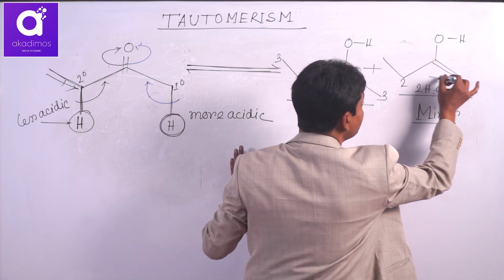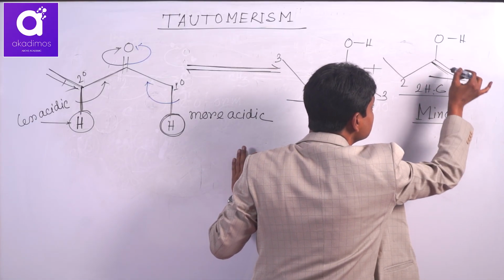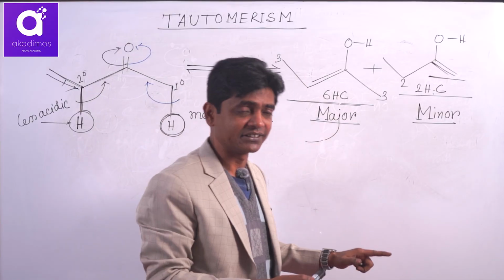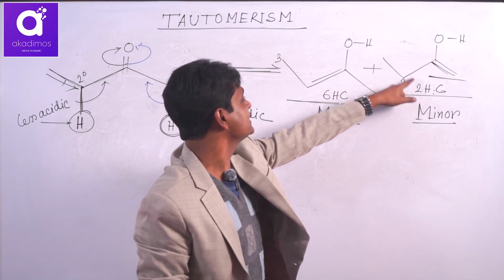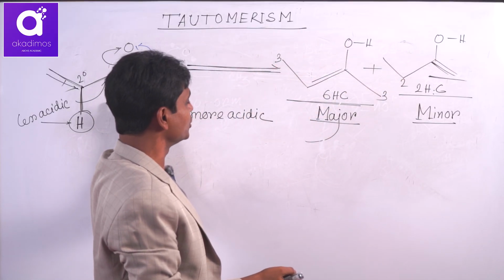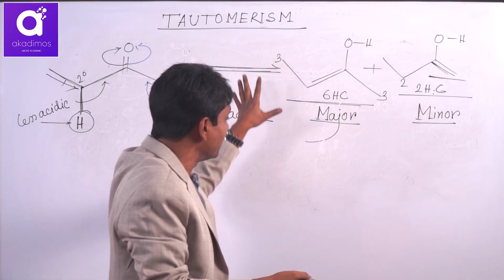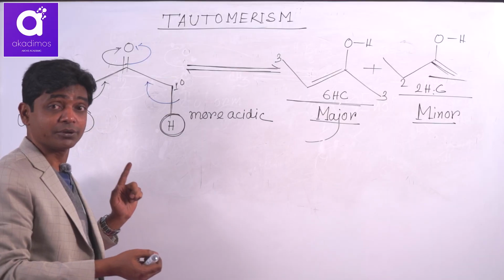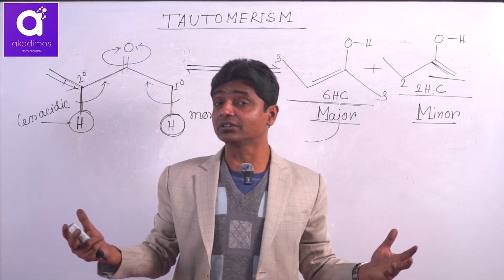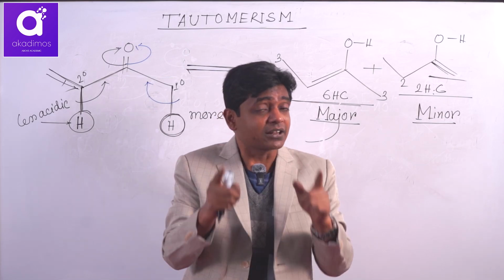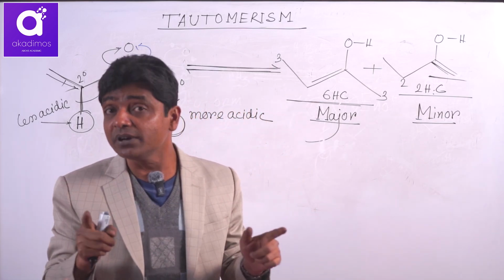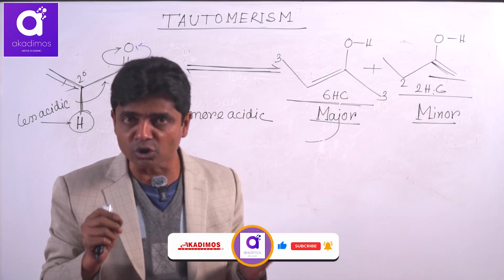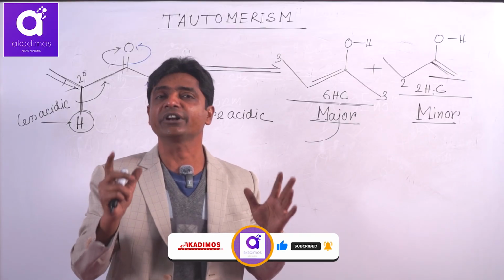So kinetically, this will form fast. This enol's rate of formation is more, this enol's rate of formation is less, but since it is interconvertible, it can easily go back to the ketone, then go to this one, then ultimately the thermodynamically stable one is major, since it is reversible and interconvertible. Remember, when there are different enols, always compare their contribution by taking their stability only. Keto-enol tautomerism is solely thermodynamically controlled, and it is a reversible phenomenon.